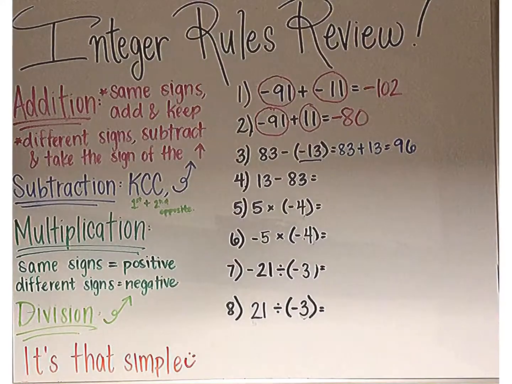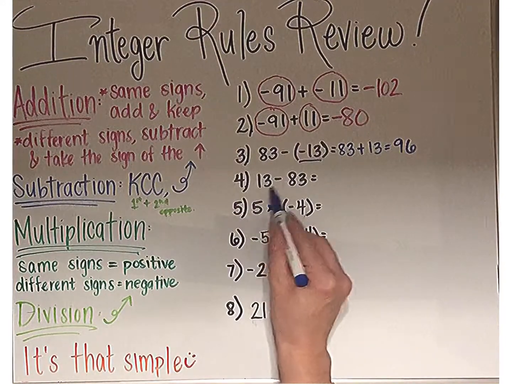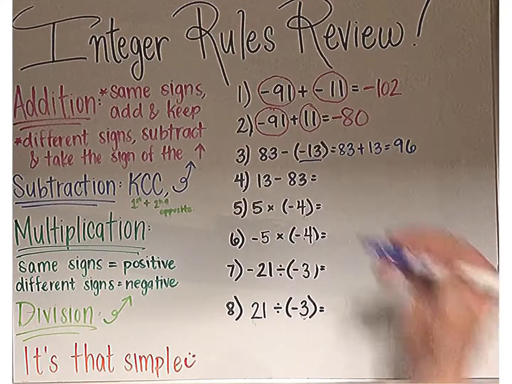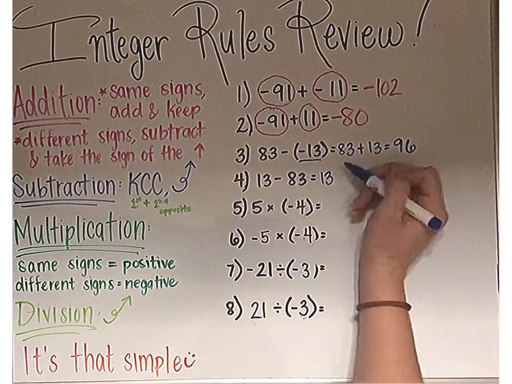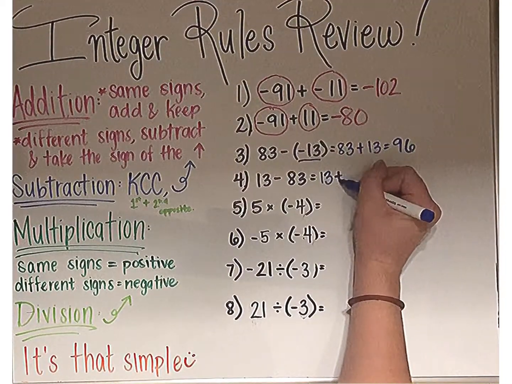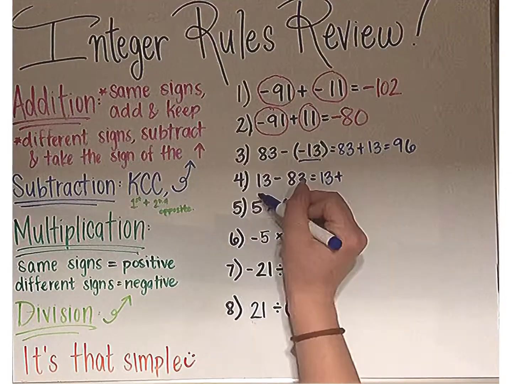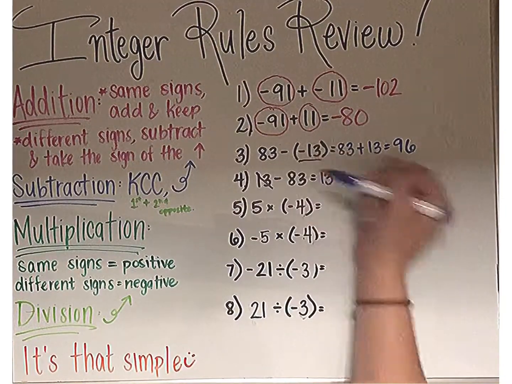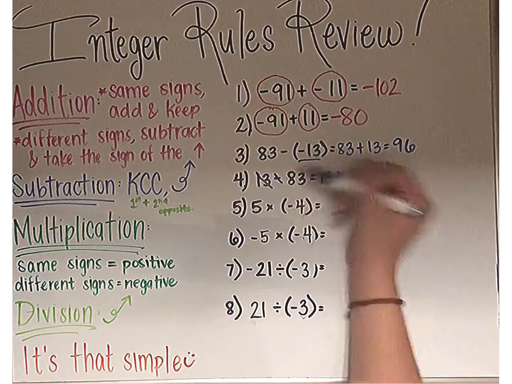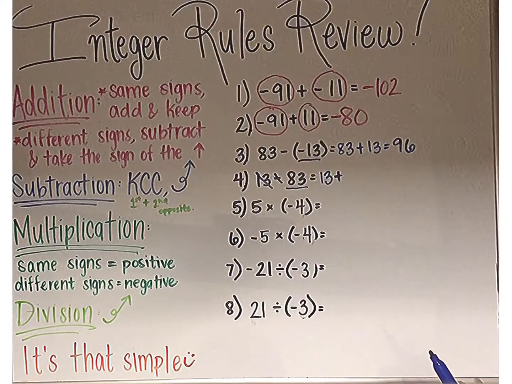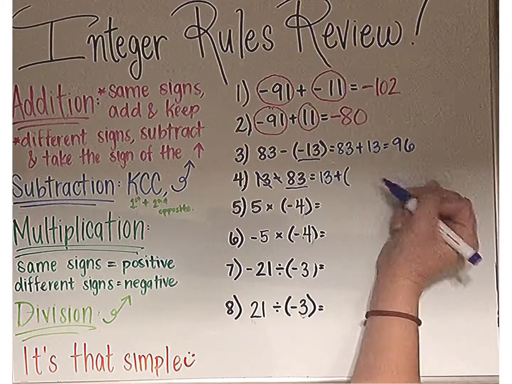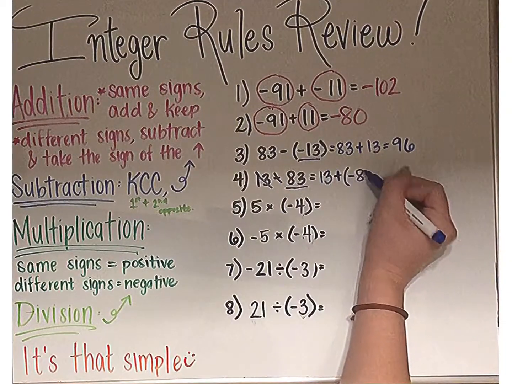Looking at number 4, we have 13 minus 83. So we keep our first number the same, change the subtraction to addition, and my second number here is 83. The opposite of positive 83 is negative 83.